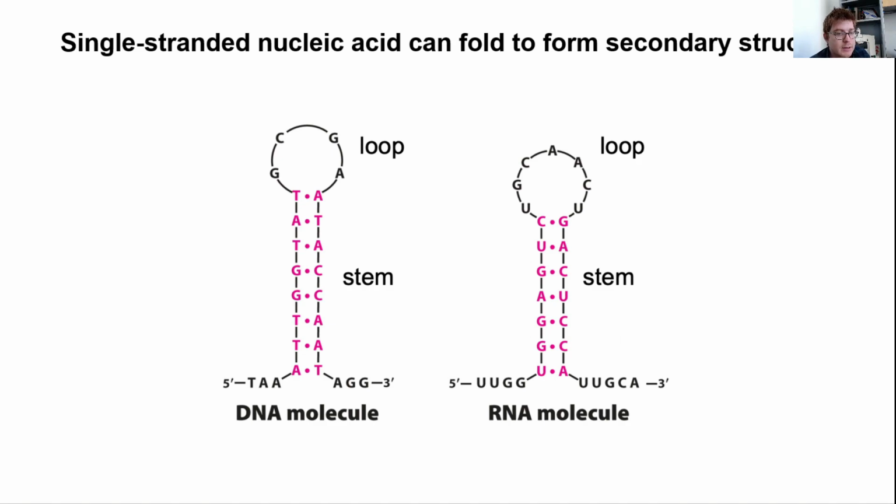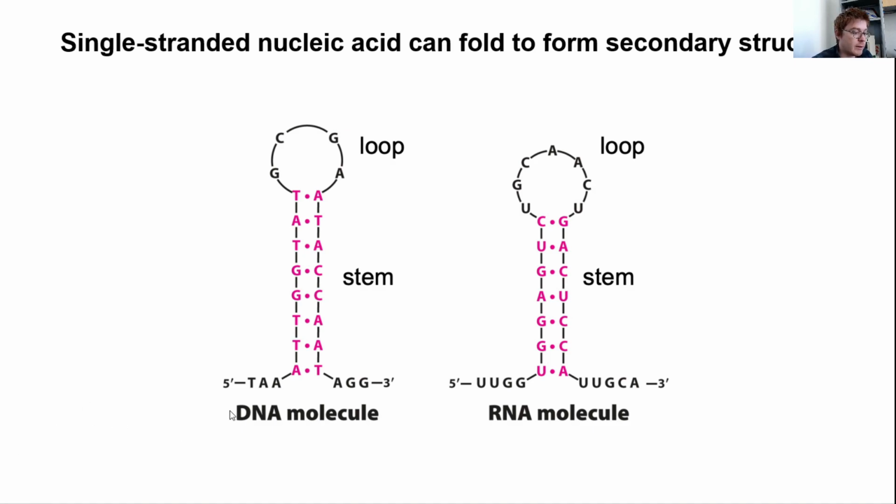Now, double-stranded nucleic acid structures are not the only type of nucleic acid structures that form. In fact, many times RNAs, a single-stranded RNA, will end up also forming lots of base pairing interactions, secondary structure, and even tertiary structure. An easy way to see that is that single-stranded nucleic acids could fold up on themselves to form secondary structure.